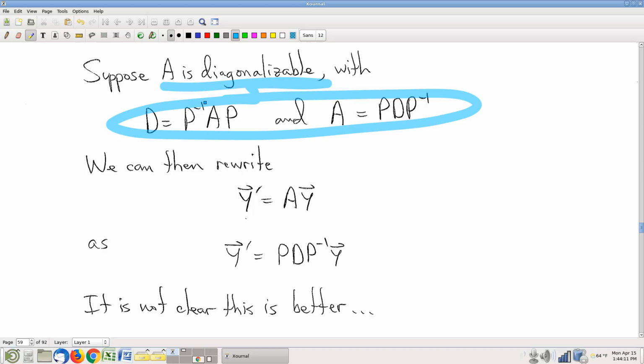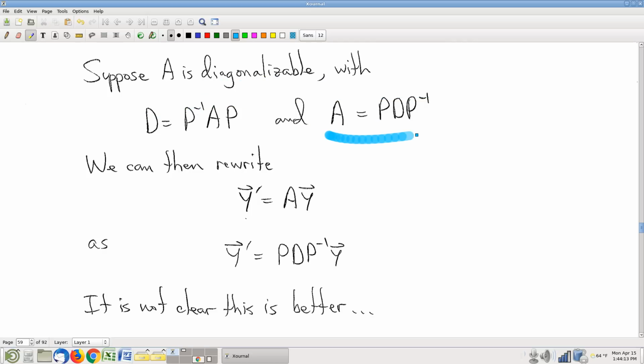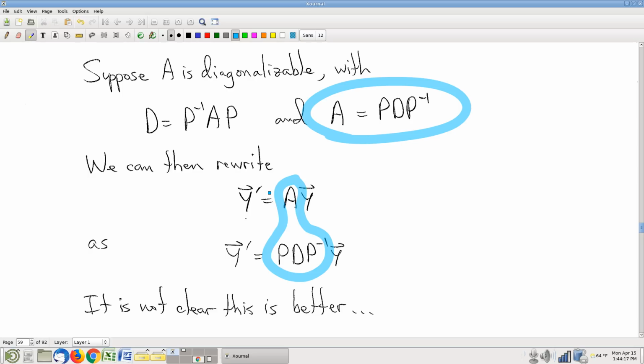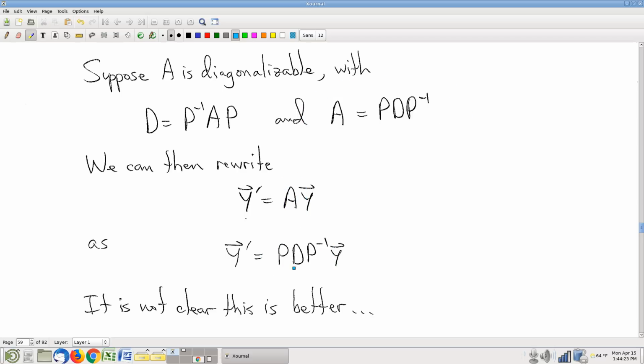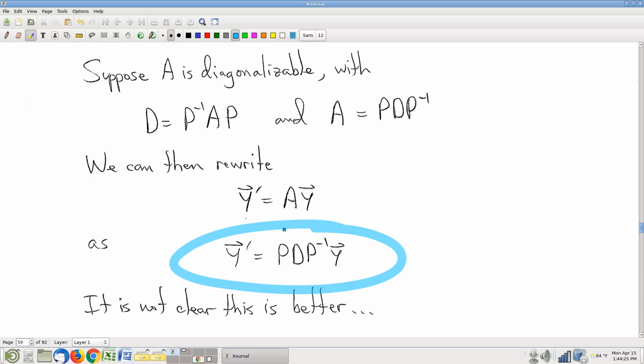Okay, if that's the case, plug in the diagonalization. Seems like a natural thing to do, right? And let's look at this new equation. Is this better? Not clear, right? It certainly doesn't. If anything, it looks kind of worse. There are 3 matrices now instead of 1. That's not good.